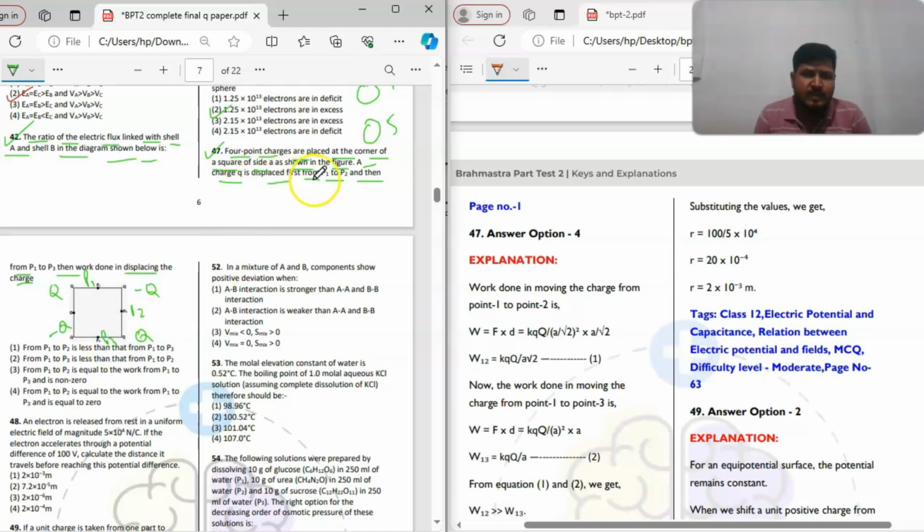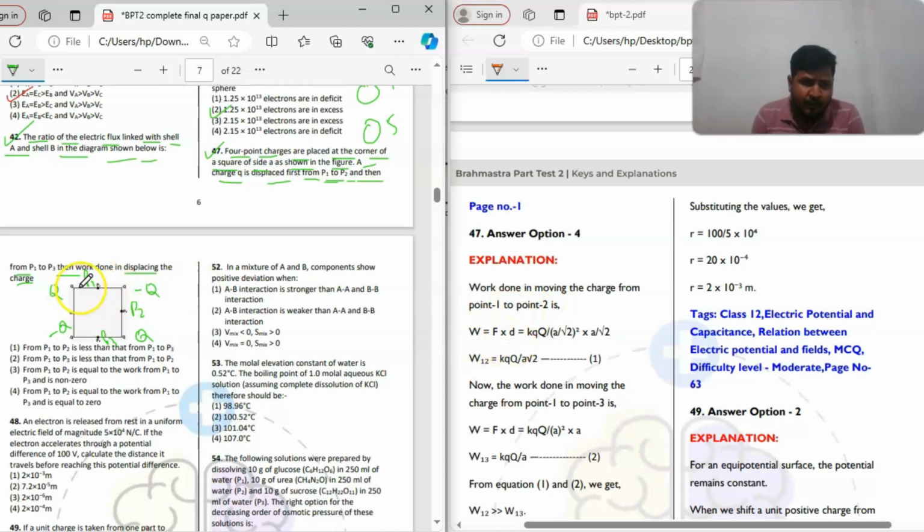The charge Q is moved from P1 to P2. So when the charge Q is at P1 and P2, the force will be the same, right? Due to all the charges, the force at P1 and at P2 will be the same. So we will directly apply work done equals force into displacement.